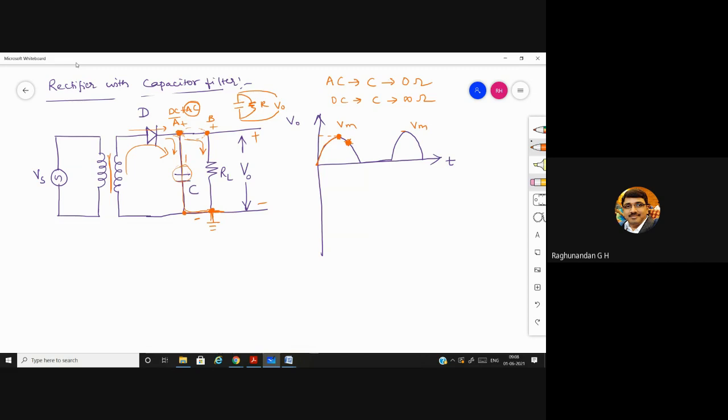Now the current starts flowing like this, and this is the only available path for the current to flow. So the entire current is going to flow through the load resistance, and because of the flow of current, the output voltage, which is the capacitor voltage, is slowly decreasing. That means the capacitor is discharging.